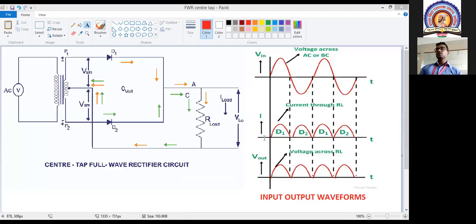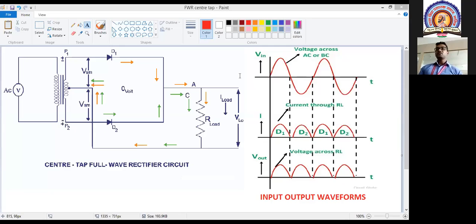Okay. So basically, let me first of all share the circuit diagram. As you can see, the diagram is shown on the screen.